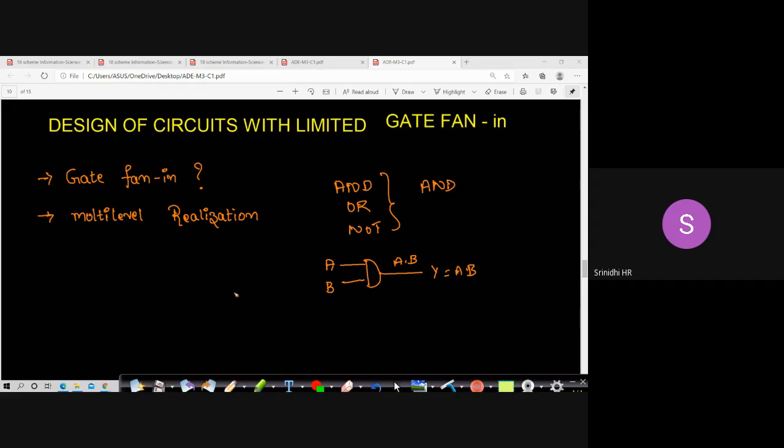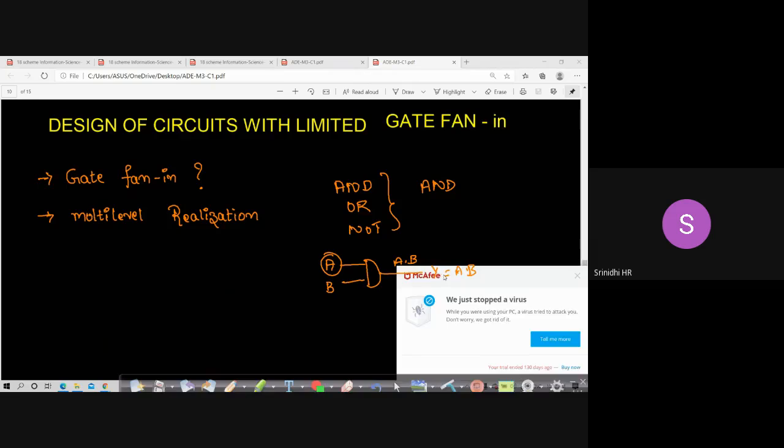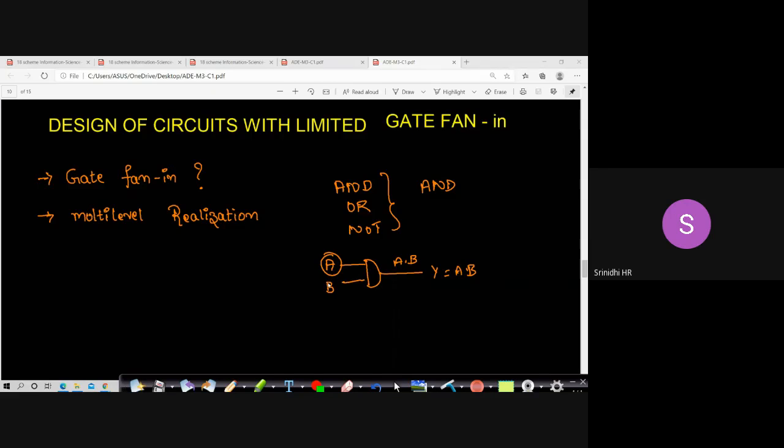Let's say I want to change the value of A. I have produced my output. After producing my output, I want to change my inputs, so there is a delay in the change of output too. If there is a change in the input, my output should be reflected again.